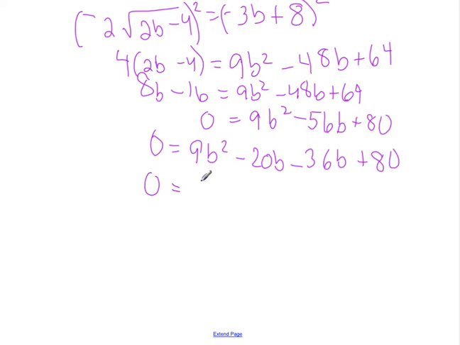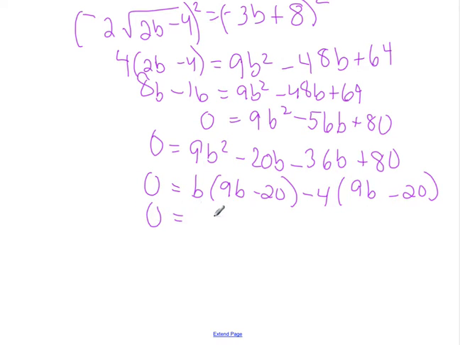It gives me 9, and my common factor here of my first two terms is just b. So I end up with 9b minus 20 in parentheses. And these last two terms, my common factor is minus 4. So that becomes 9b minus 20. And then I'm going to continue to factor. That's 9b minus 20 times the quantity b minus 4.